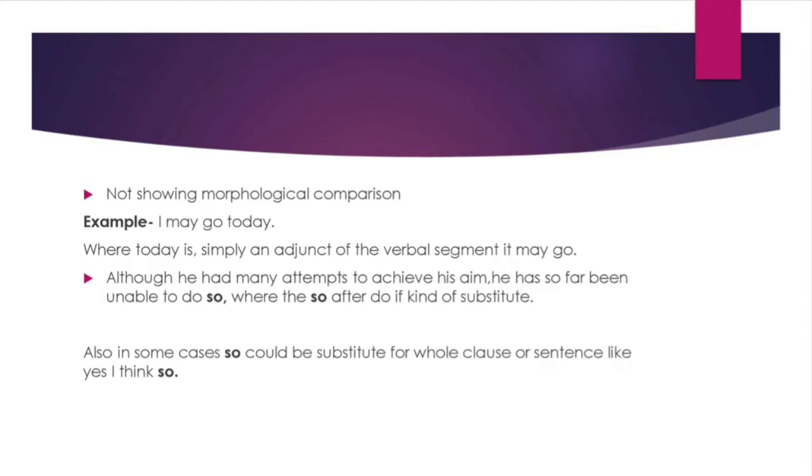Where the so after do is a kind of substitute. So here is a substitute. Also in some cases, so could be a substitute for a whole clause or sentence, like I think so. What happened next? What if so this had happened?